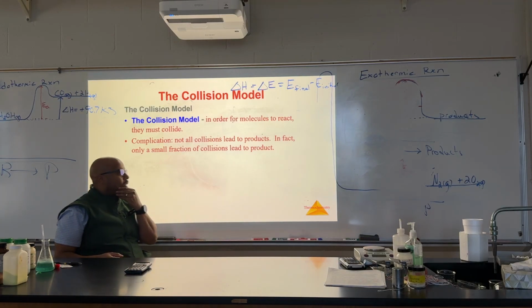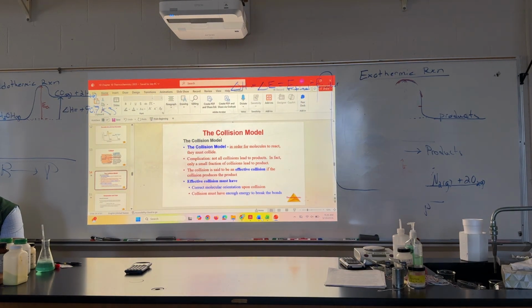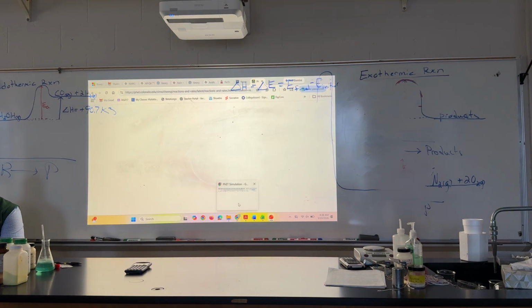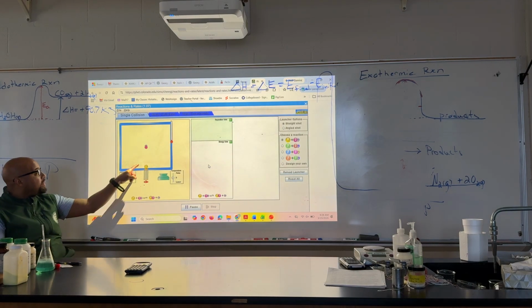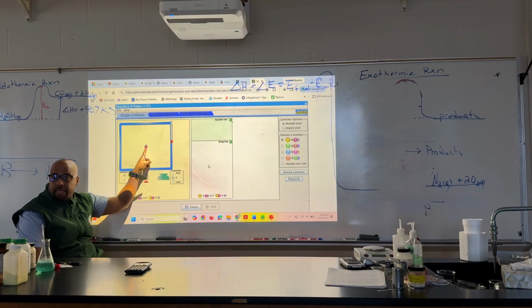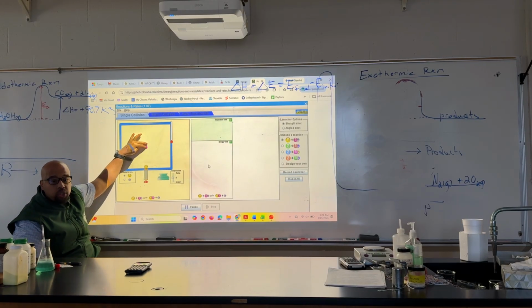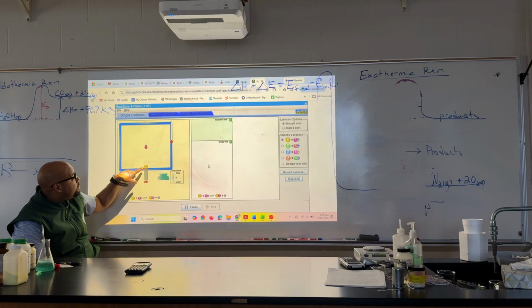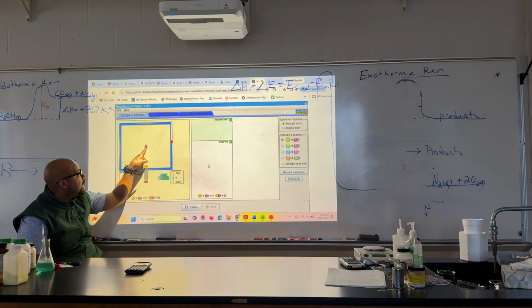The other criterion is, if I go back to the simulation here and restart it, I need this yellow to hit the pink. If I rotate this molecule 180 degrees, and the yellow hit the gray, there's going to be no reaction. This reaction says you must hit this right here. So yellow must hit pink.